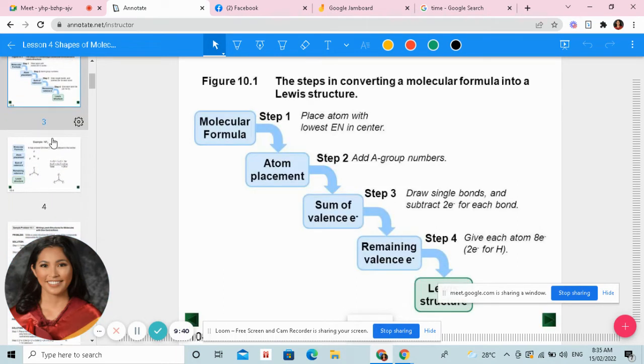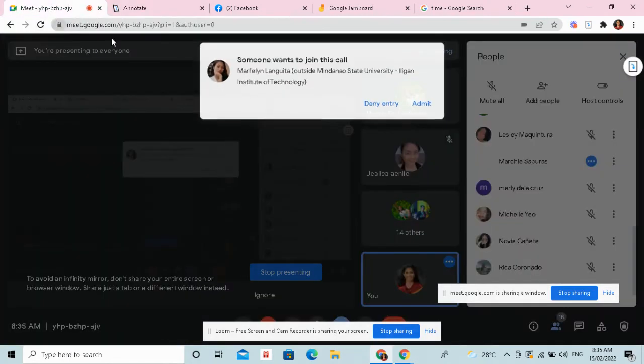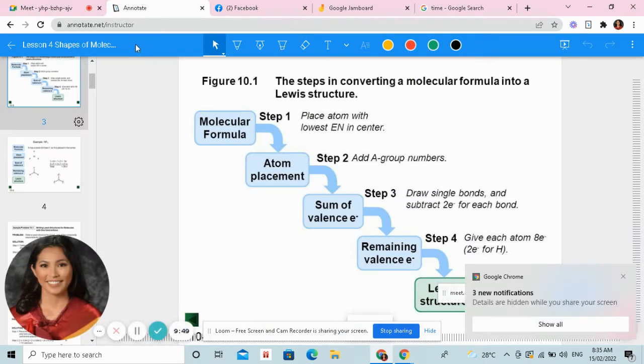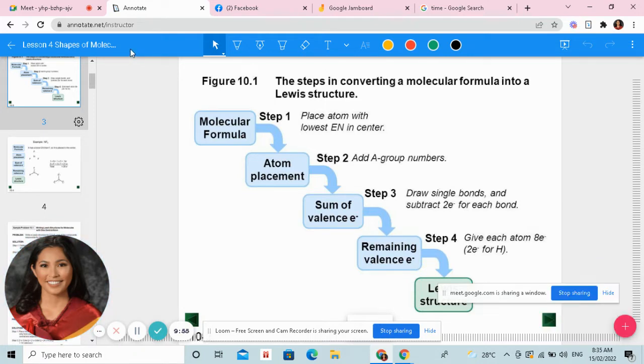So we have the steps in converting a molecular formula into a Lewis structure.